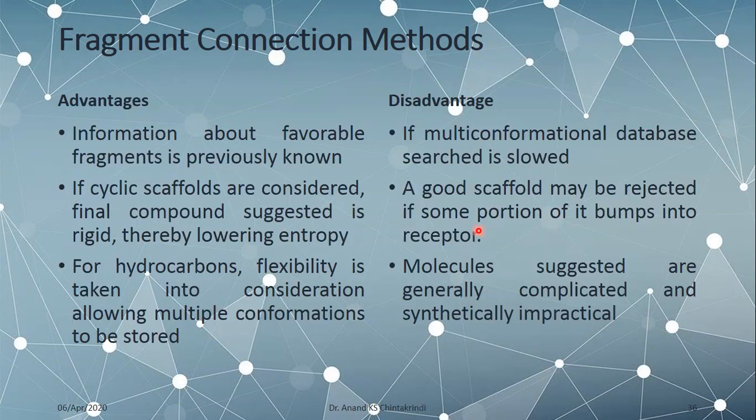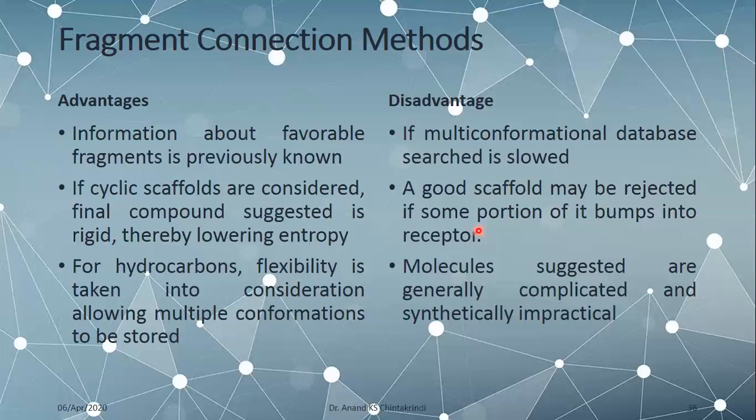If the linker is placed as a hydrocarbon, then flexibility is also taken into consideration, allowing multiple conformations to be stored, which is a major advantage over the previous methods we have known, that is, the whole molecule method and the prior method wherein the rigid conformation methods were stored in the database.